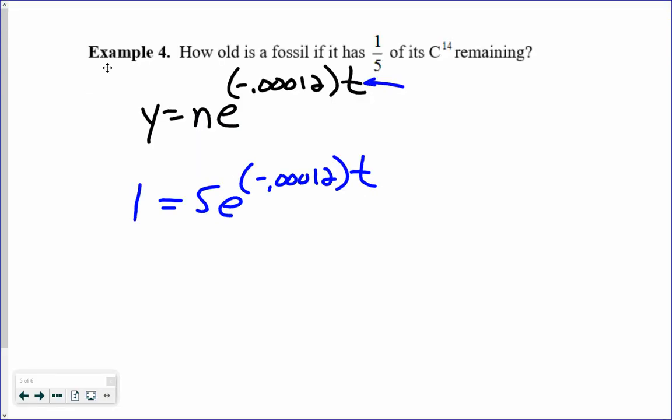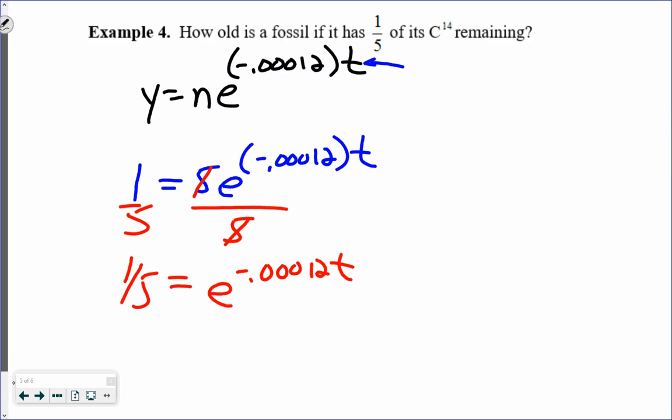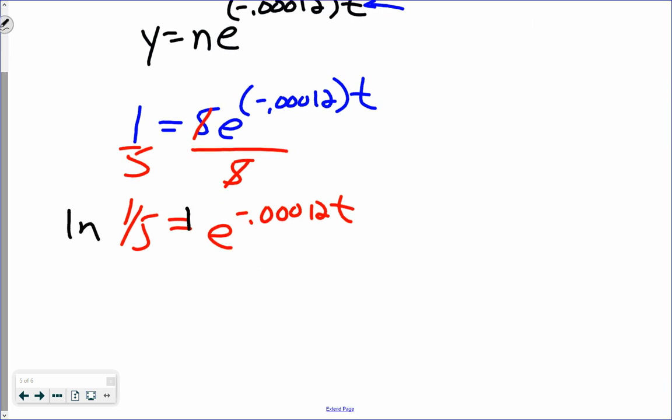So if we follow the same process we've been doing, because we have a variable in that exponent, let's isolate that term, right? So it'll be 1/5, surprise, surprise, equals e to the negative 0.00012 t. And we've got to get that variable out of the exponent if we're going to solve. I don't think we're going to get the bases the same, so let's take the natural log of both sides.